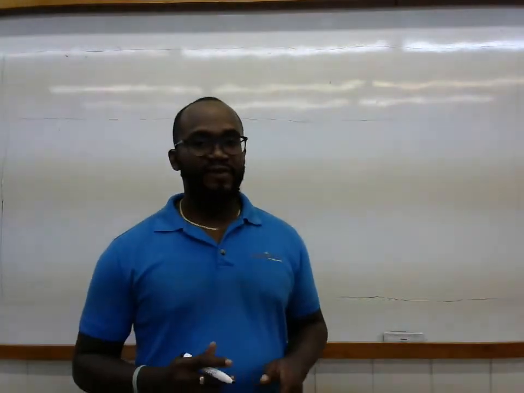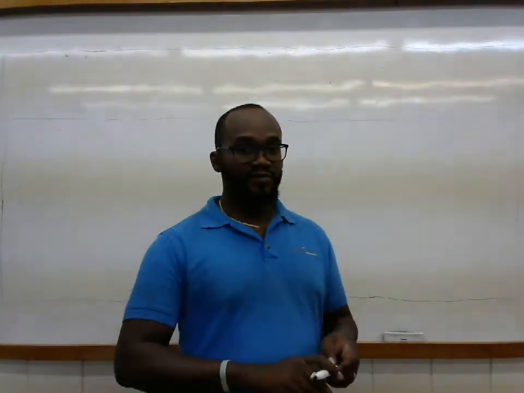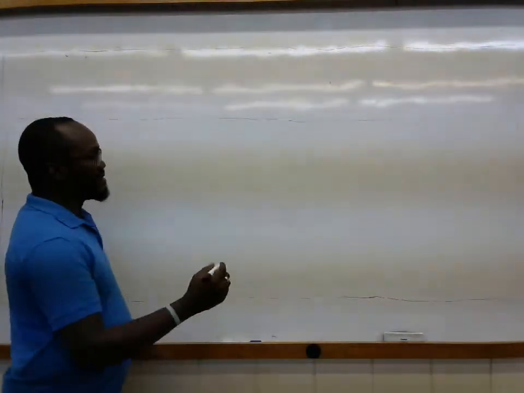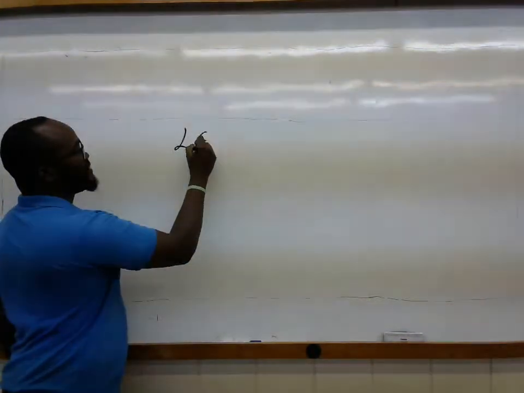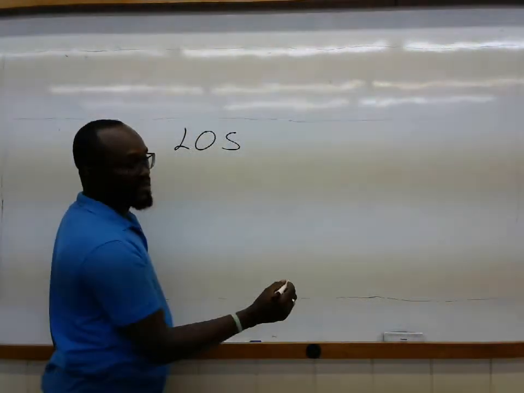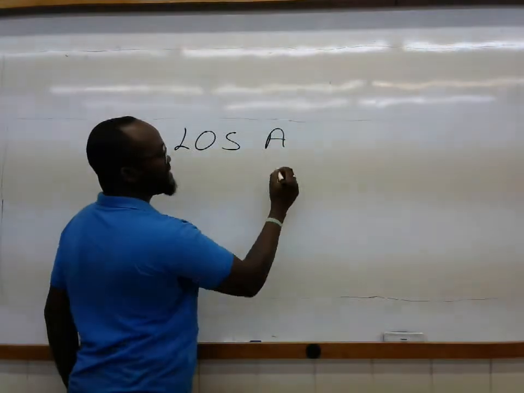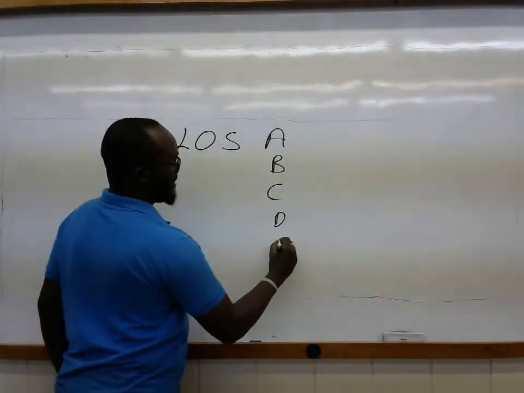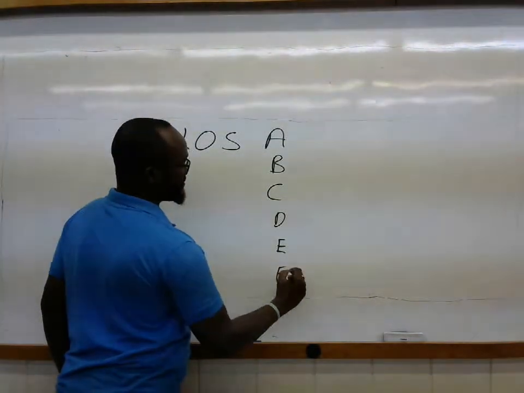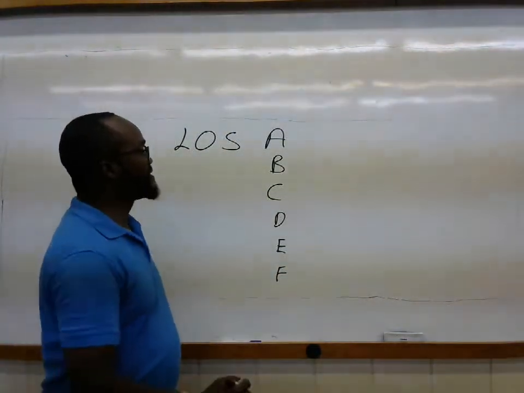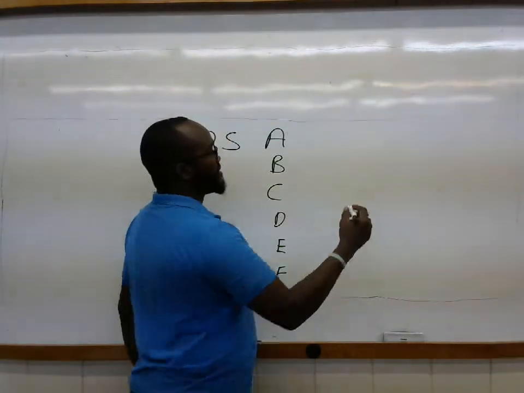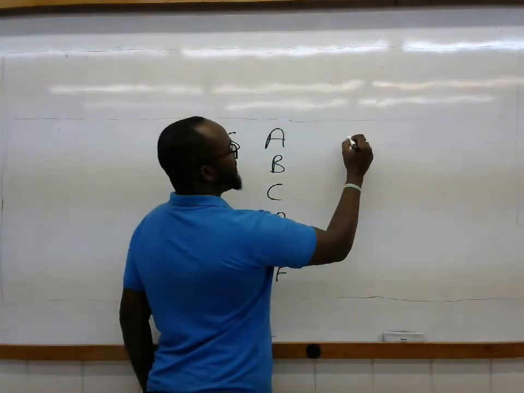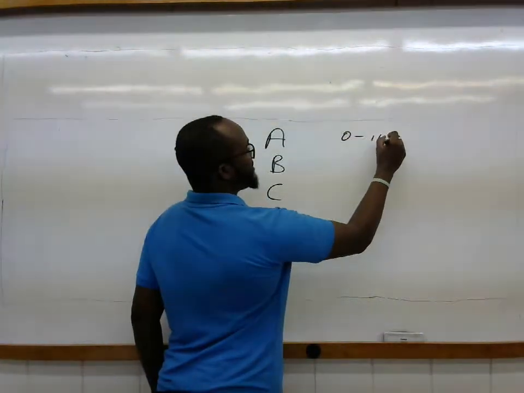So, level of service. What is level of service? Well, it is a scale according to the Highway Capacity Manual from A to F, A being the best, F being the worst, and having intermediate values. So, we have level of service A, which represents a delay of 0 to 10 seconds.